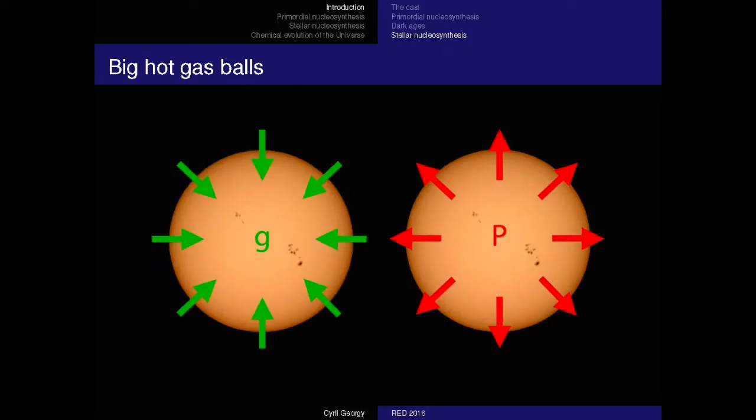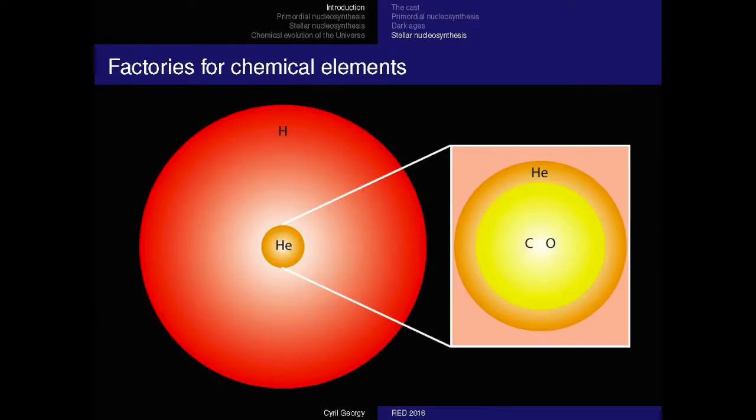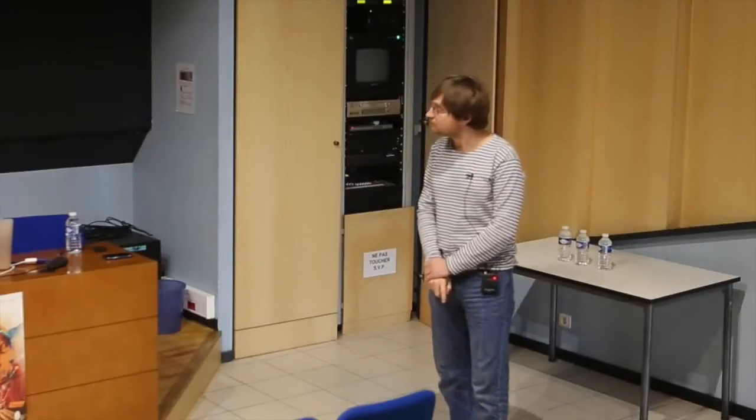Starting from a big ball of hydrogen, with a part of helium that comes from the Big Bang nucleosynthesis, stars will progressively be able to burn their hydrogen and convert it into helium in the center.